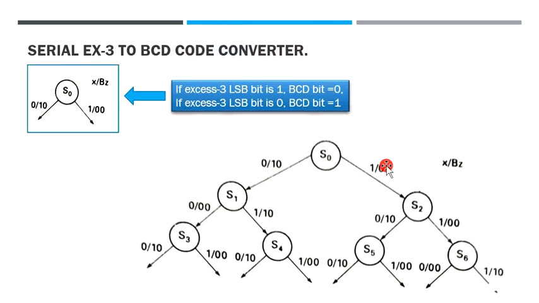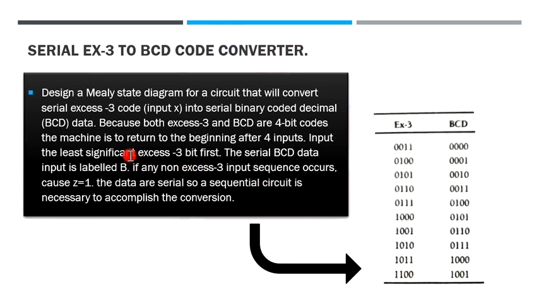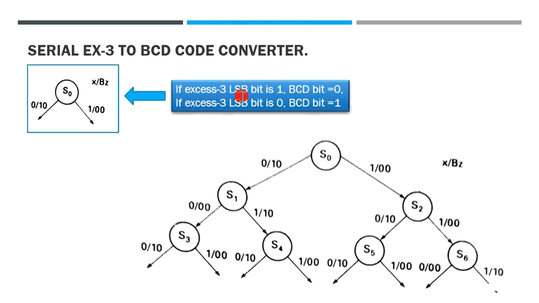Now, in the question, clearly it has been mentioned that we need to focus on the LSB bit of the XS3. So if the XS3 LSB bit is 1, then BCD bit will be equal to 0. If XS3 LSB bit is 0, then BCD bit is equal to 1.